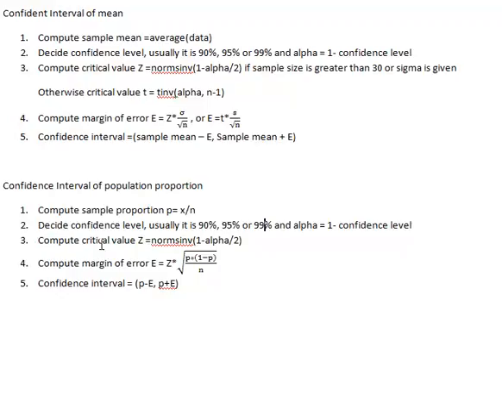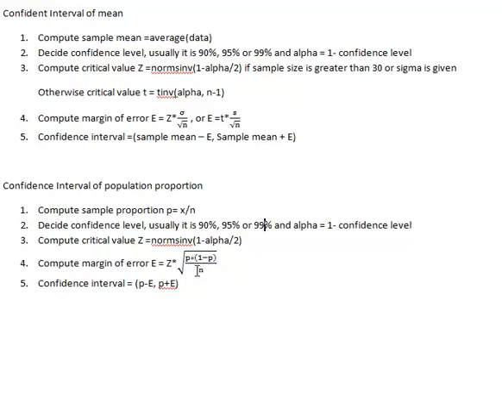Third step, we want to compute the critical value Z. Z is NORM.S.INV, and we use 1 minus alpha over 2. The next step, we want to compute the margin of error E. E is Z times the square root of P times 1 minus P divided by the sample size N. Be careful when you put this function into Excel.